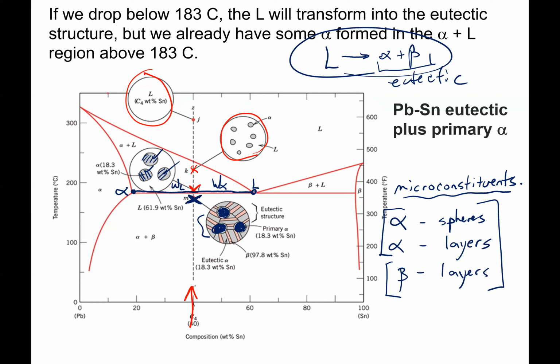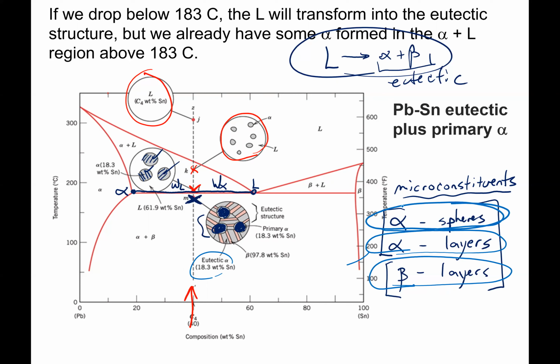And again, the layered structure is referred to as eutectic. So we could call the alpha in the layered structure eutectic alpha, and the beta that's in the layered structure would be eutectic beta. And now to distinguish the alpha that was formed in spheres, since we have a label for eutectic alpha and eutectic beta, the alpha that's in spheres was formed first upon cooling, and so we refer to it as primary.